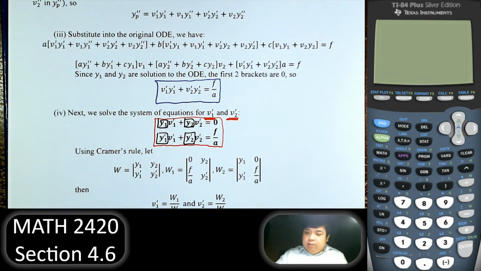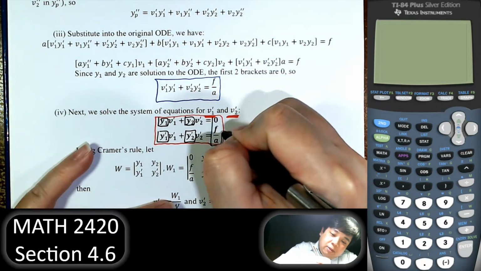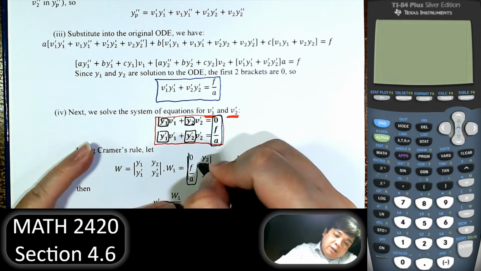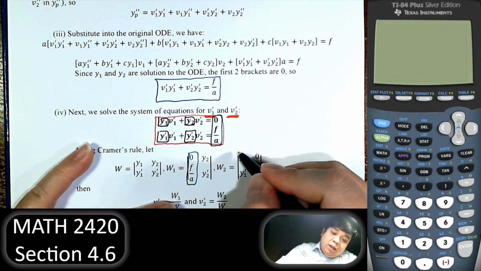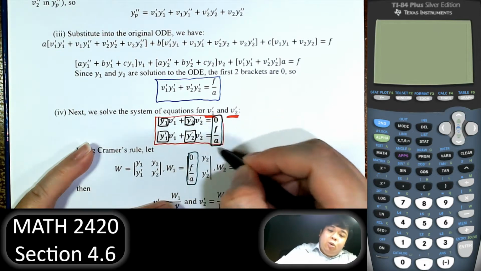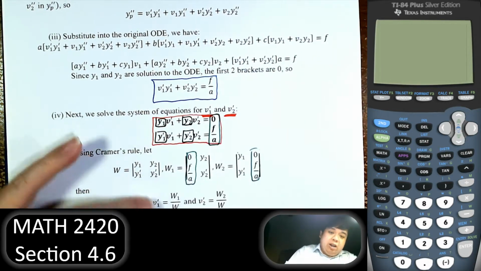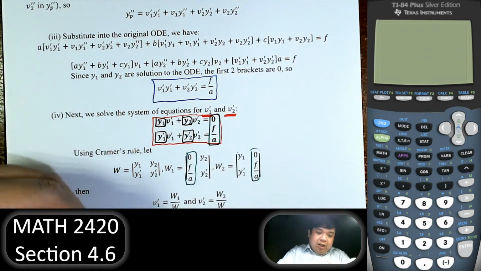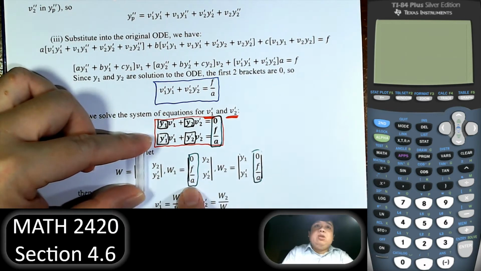Now, to get W1, we replace the first column with the right-hand side column. And for W2, we replace the second column with that column. Just put that column in place of y1, y1 prime, which gives us W1.